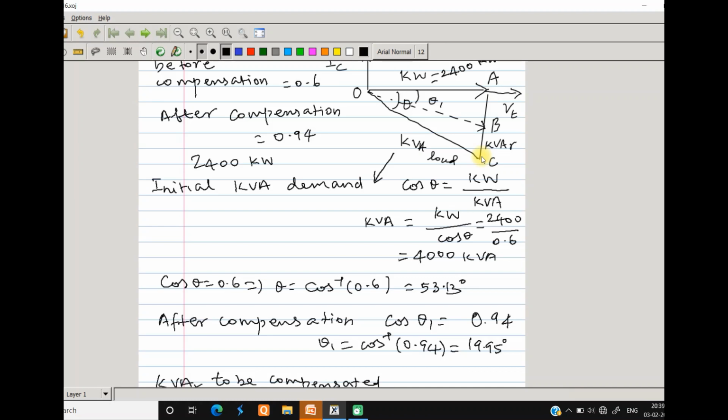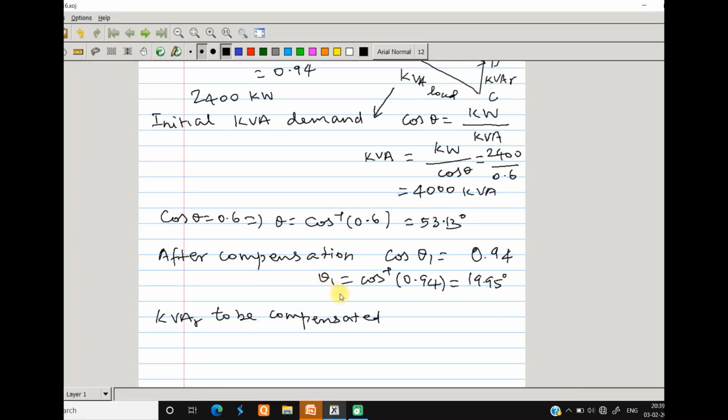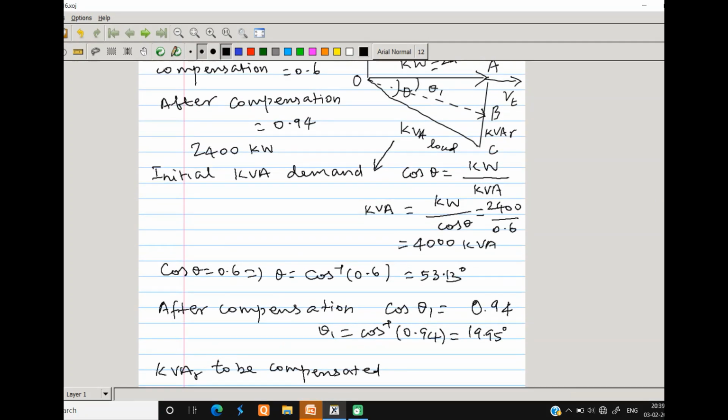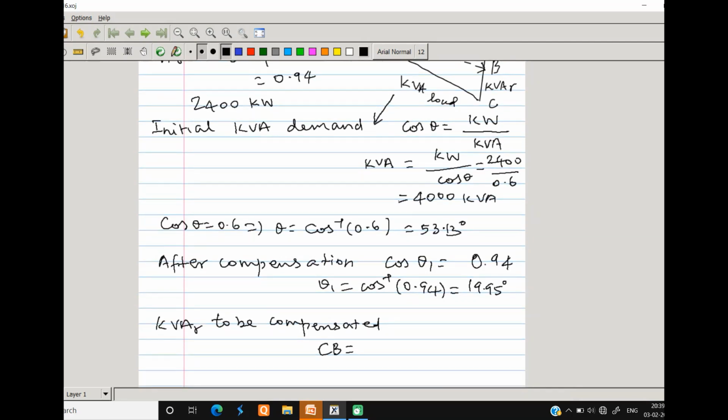So the value of this particular CB is going to be the compensated value. So CB will be equal to AC minus AB.